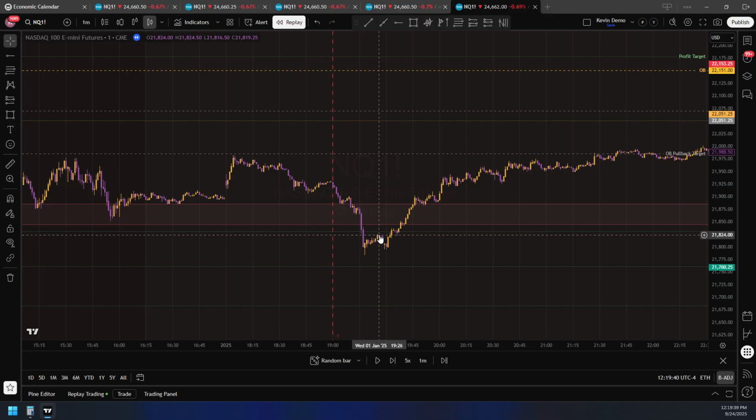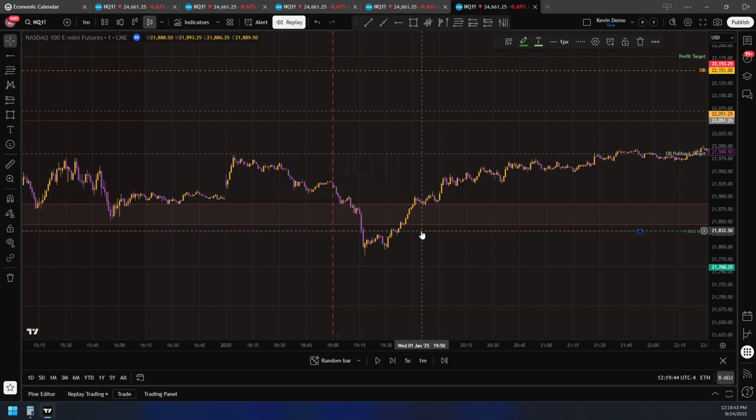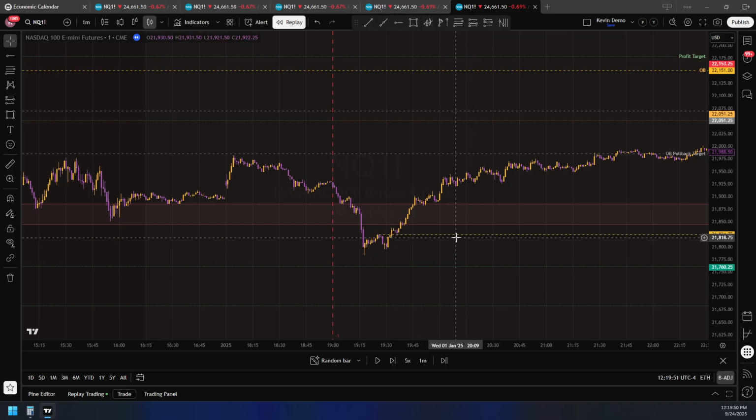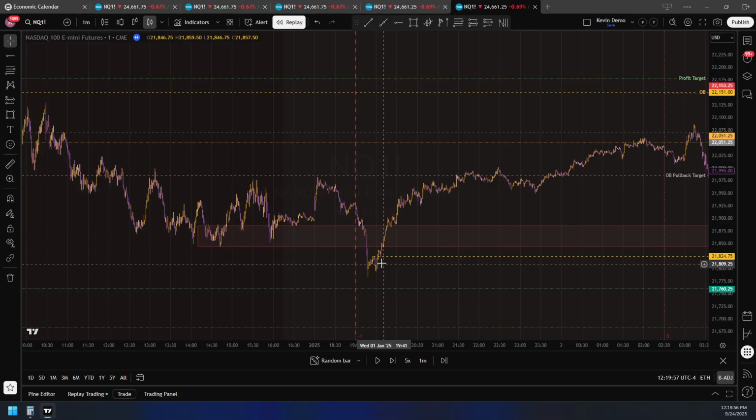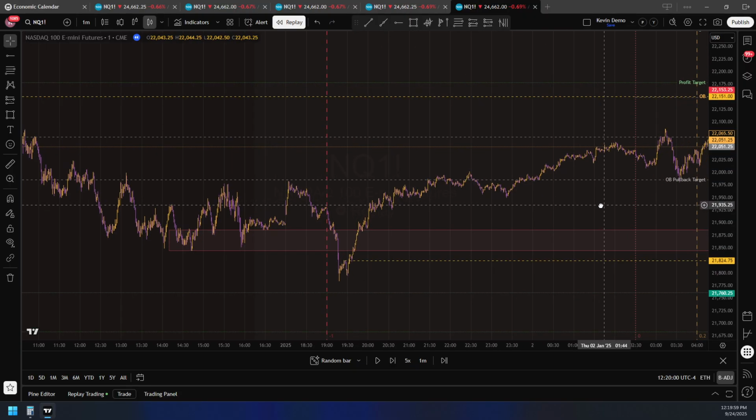This is the area where they rejected from. Like that. So that's actually, I call this an OB defense bounce.